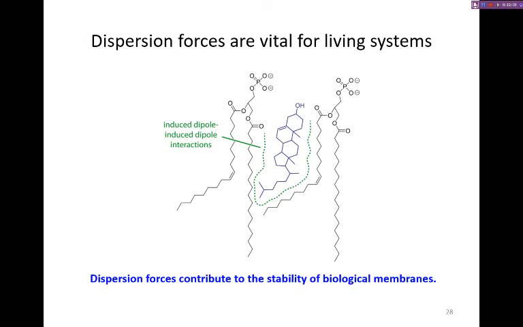We see a lot of nonpolar interactions, or dispersion forces, between the steroid in the middle and the long chains on the left and the right of it. The steroid increases the stability, the strength of those biological membranes. Without high enough levels within our cells, our cell membranes would essentially turn into liquid and we would fall apart.